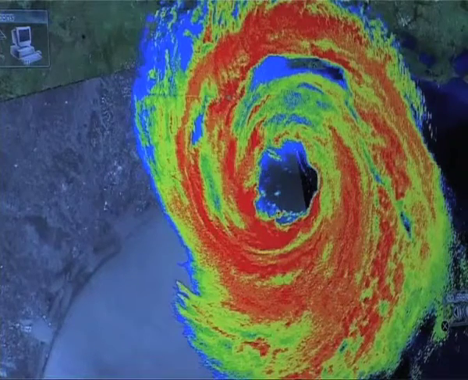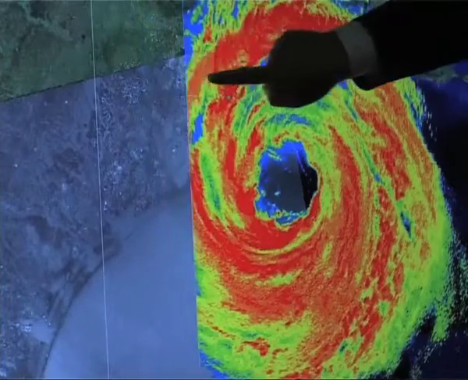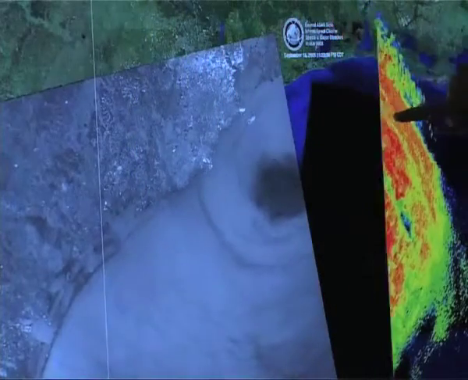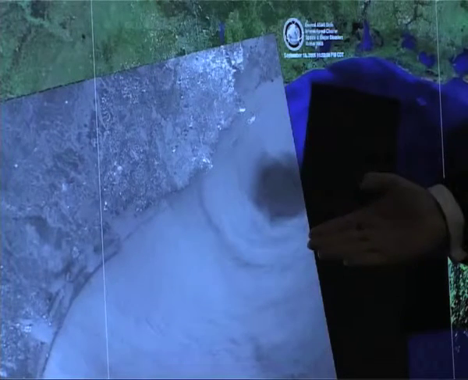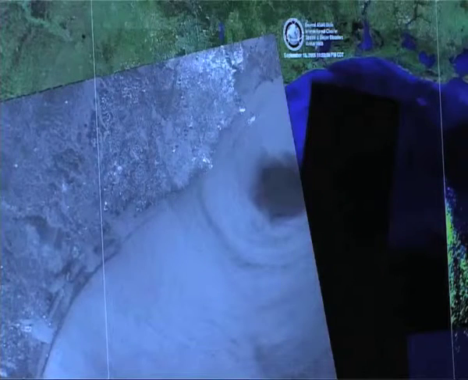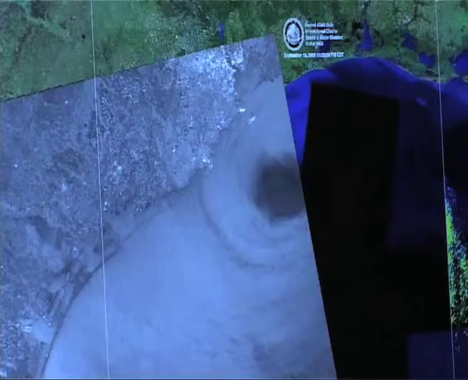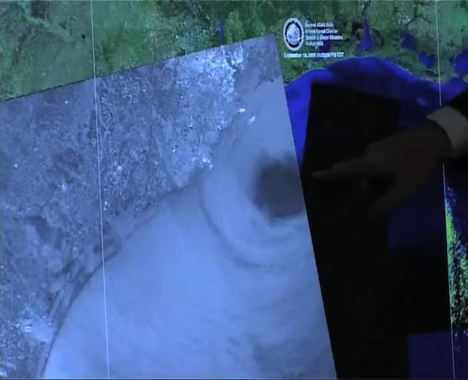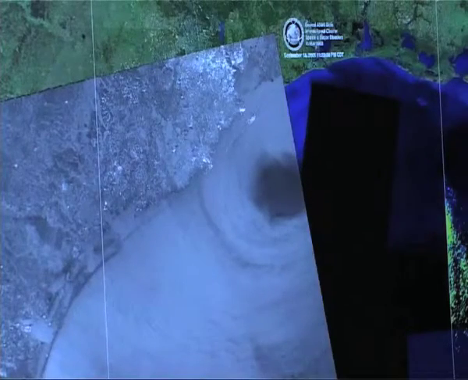Let me take away that radar data and show you what it looks like on the surface of the Gulf of Mexico. This is the surface of the Gulf of Mexico. It's reflecting the eye of the storm because the winds are blowing around really strong, disturbing the surface of the water, and you can see the Gulf of Mexico and the eye of the hurricane.